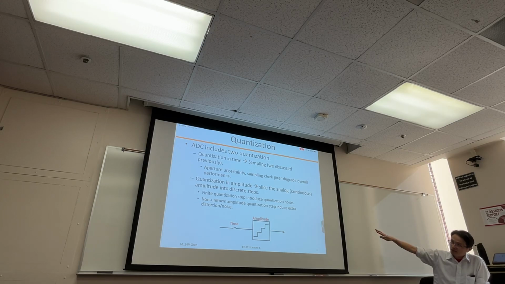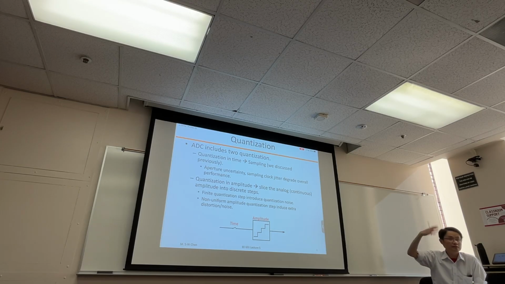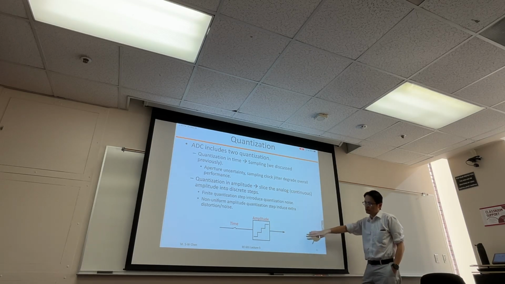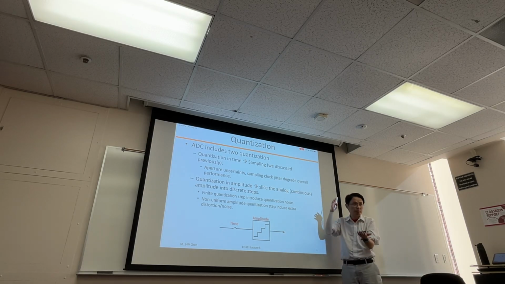The second part, which I have been postponing, is this: remember in the signal processing lecture, I said that for now you just assume there are infinite bits of resolution. I postponed this so-called amplitude quantization. But from now on, we're going to start to touch on this. To truly get to the digital signals, the digital code has a certain number of bits.